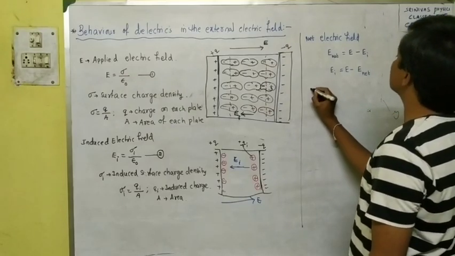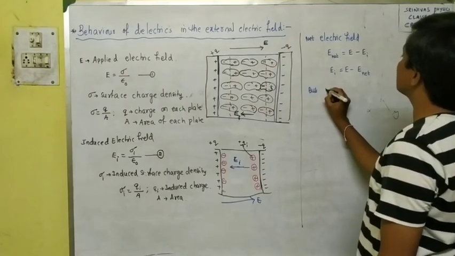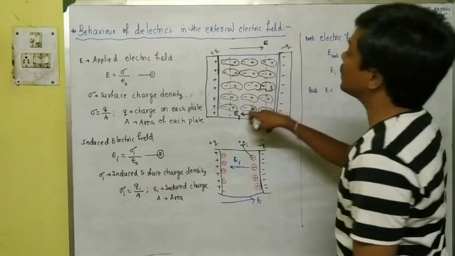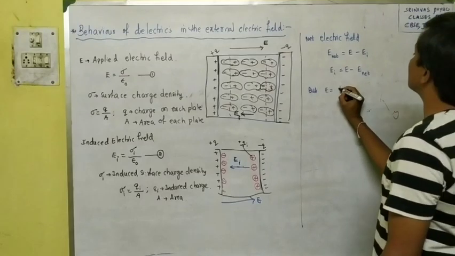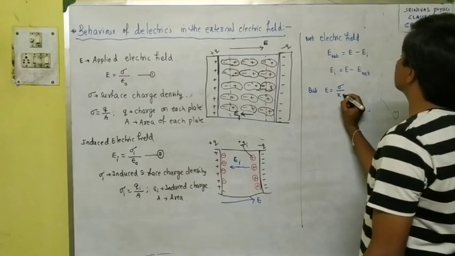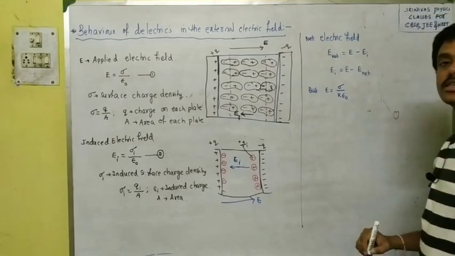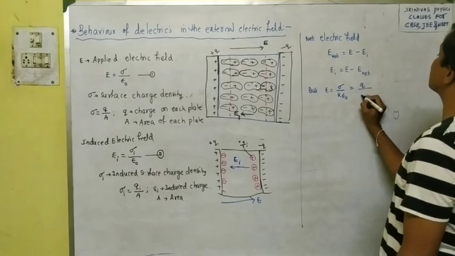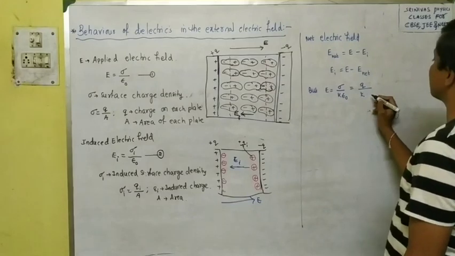But we know the net electric field intensity in a dielectric already, that is sigma by k epsilon naught, where sigma is the surface charge density, which we write as charge by surface area.